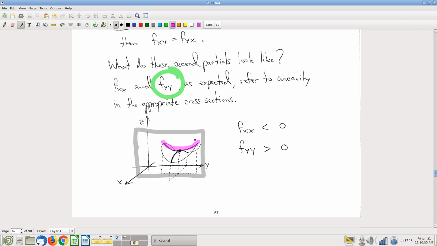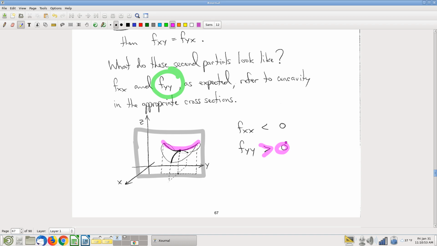So this curve is concave up, and that means that this second partial with respect to y is greater than 0. Or said differently, if you see that cross-section is concave up, that tells you that the second partial with respect to y is greater than 0.